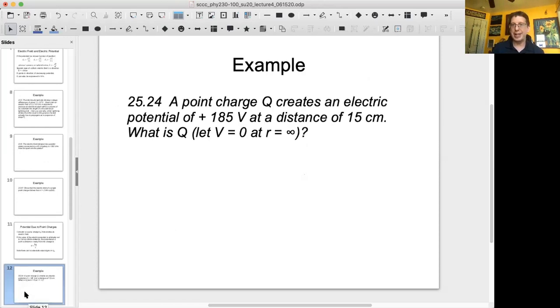So let's do another example. A point charge Q creates an electric potential of positive 185 volts at a distance of 15 centimeters. What is that charge Q, assuming V is equal to 0 at an infinite distance?